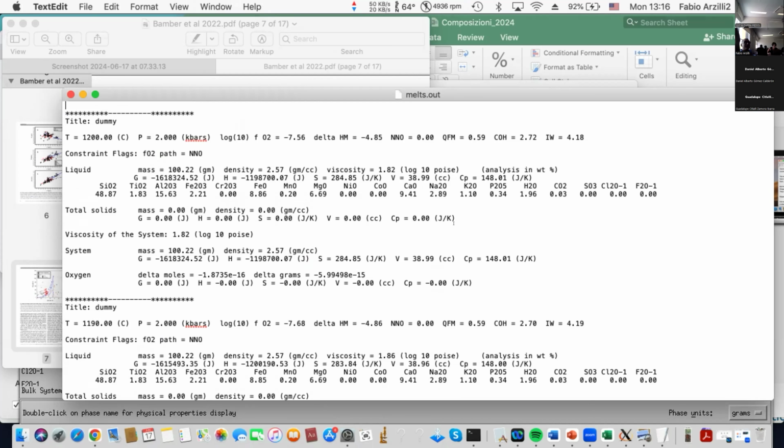So what we see is that since we increase the water, the result for the CO2 here is still 0.03. So it means that we are using values that are below the saturation. So basically, if we increase the water, we do not change the solubility of CO2 in this melt because we are too low in CO2. I think for the next step, we have to increase the CO2.